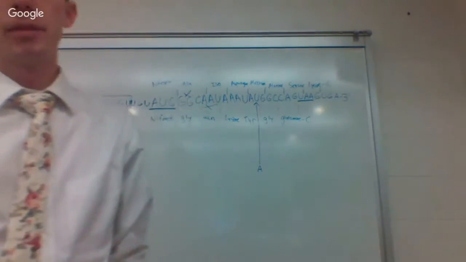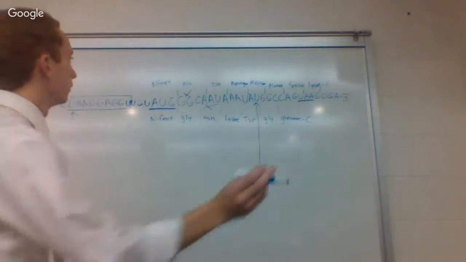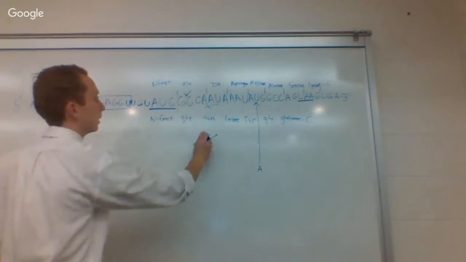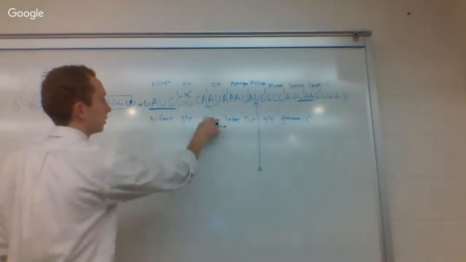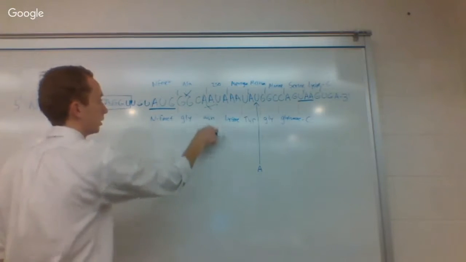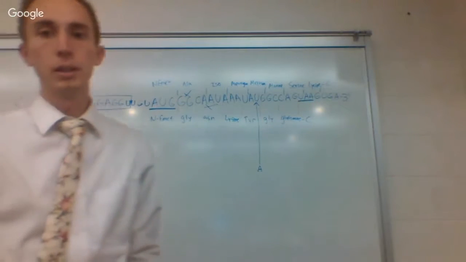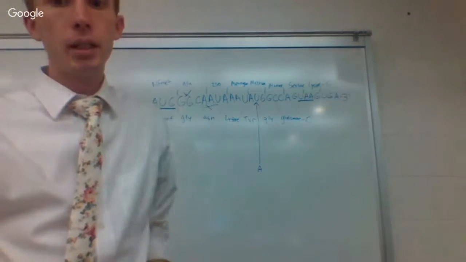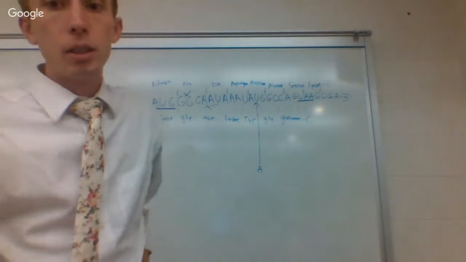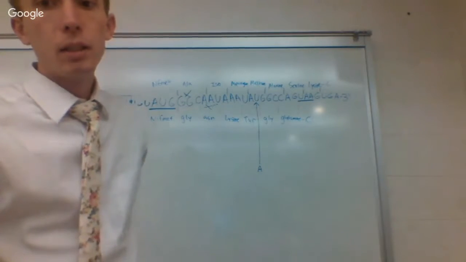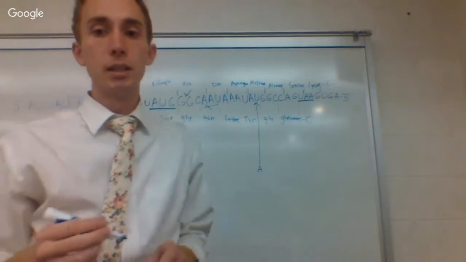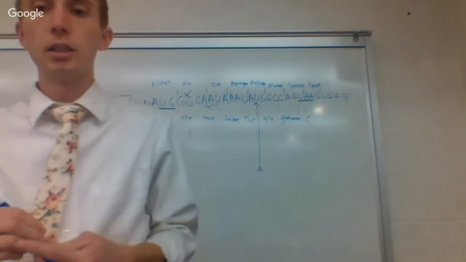And then what would happen if these 3 were deleted? Then it would still be the same sequence, just without this amino acid. And then what would happen to the amino acid sequence if the base in italics is changed to an A?